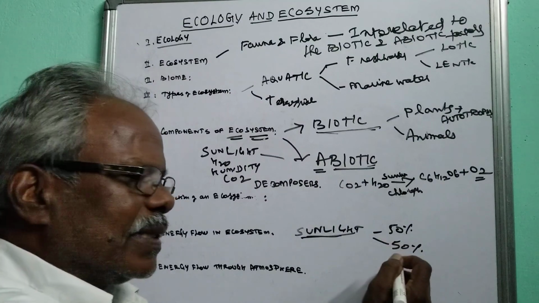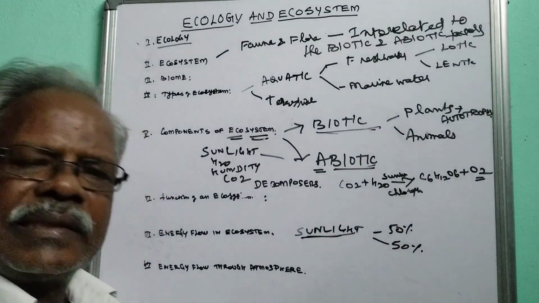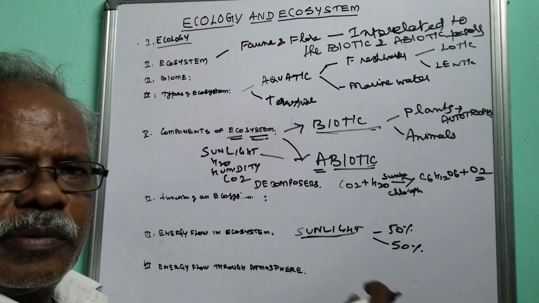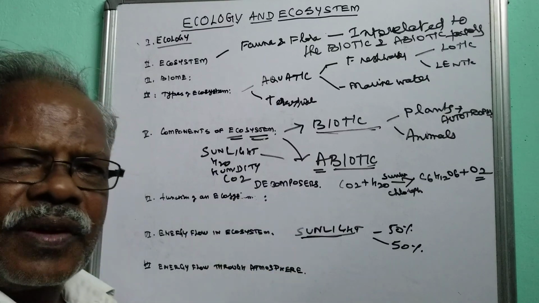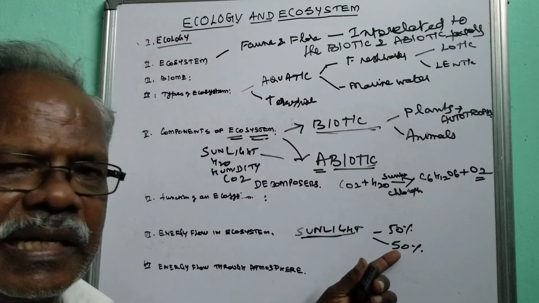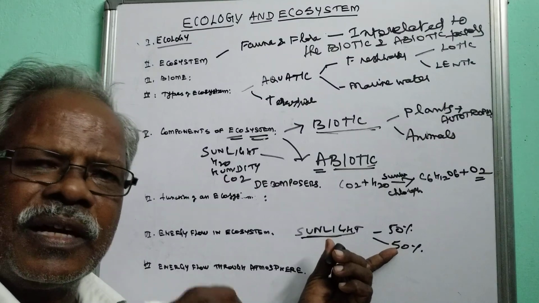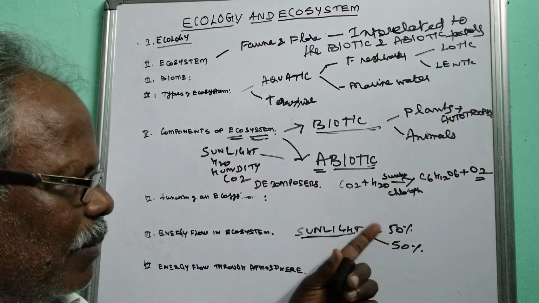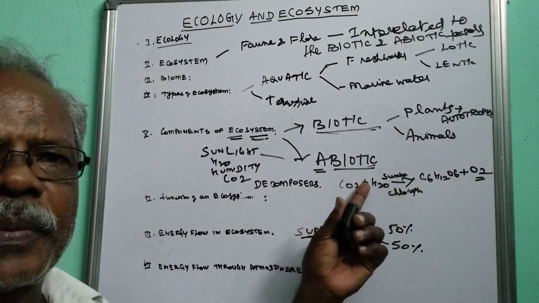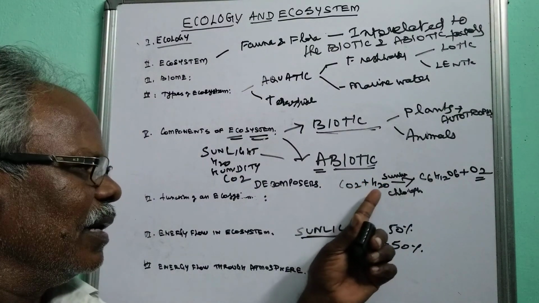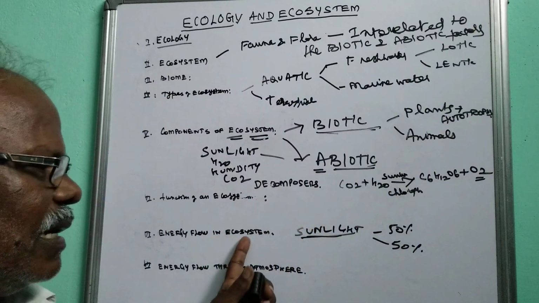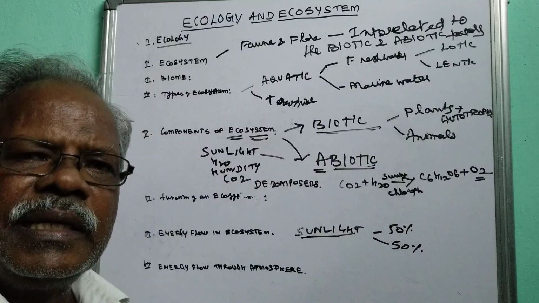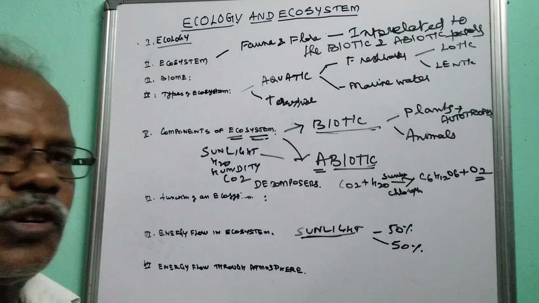Out of that, about 1% of the energy is taken by the plants, and by that energy the plants can produce the food materials. That is called energy flow in ecosystem. So the energy flows in the ecosystem.